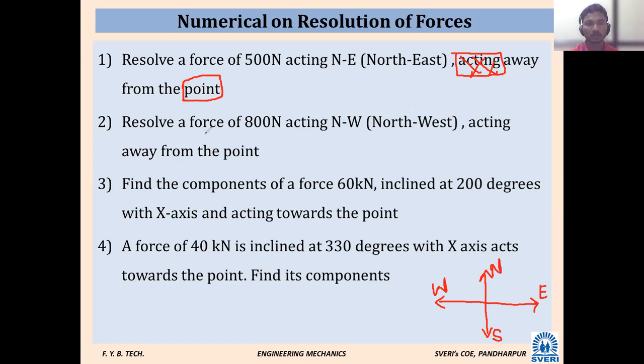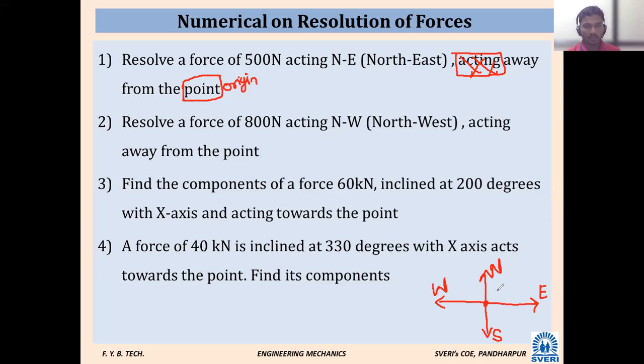The point means the origin, the intersection. Acting away from the point means how will that be?